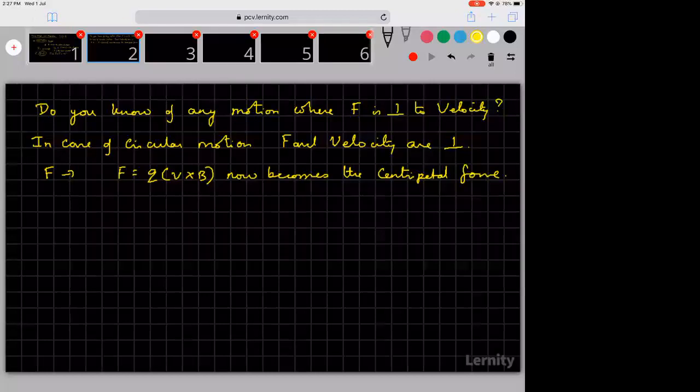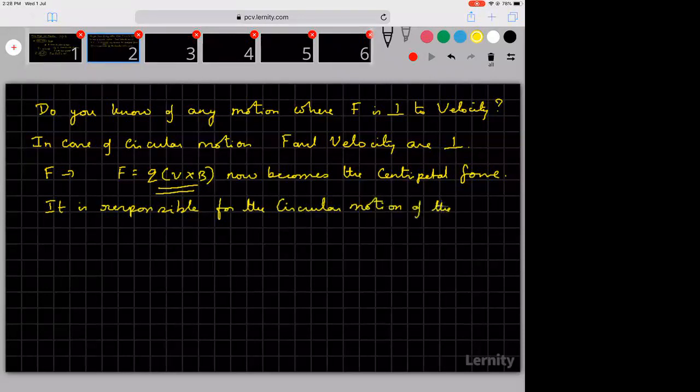So this Q into V cross B becomes a centripetal force, and it is responsible for the circular motion of the charged body.